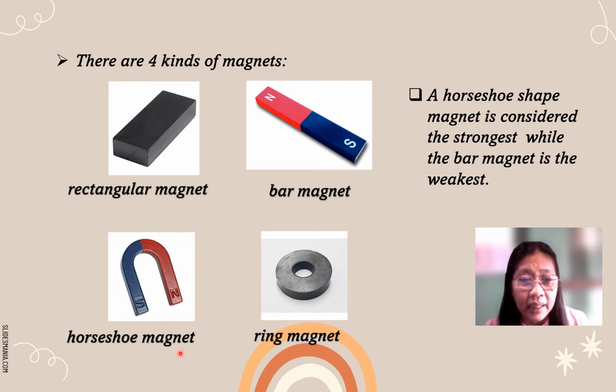So, it can pull stronger because both poles are facing in one direction. Not like this bar magnet, which is considered the weakest because its poles are in opposite directions. That's why it is considered the weakest magnet.